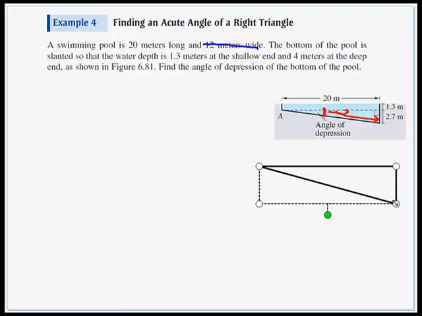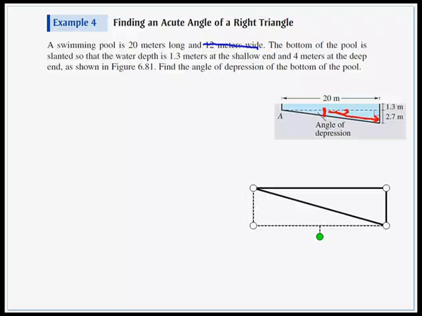If I redraw this with just the nitty-gritty that we're looking for, here's the angle that we want, theta. We know the distance across here is 20 meters, and we know just this piece is 2.7 meters. So we have the opposite side, we have the adjacent side.